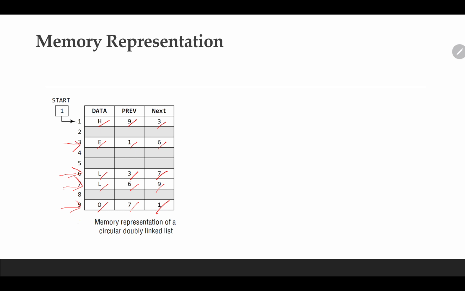So we will see this with the linked list. The first node address is 1, the data is H, the previous is 9, and the next is 3. The next node address is 3, the data is E, the previous node address is 1, and the next address is 6.